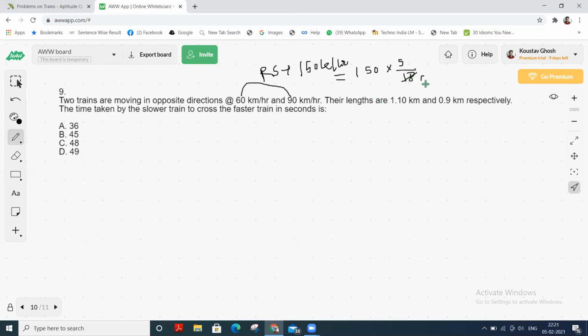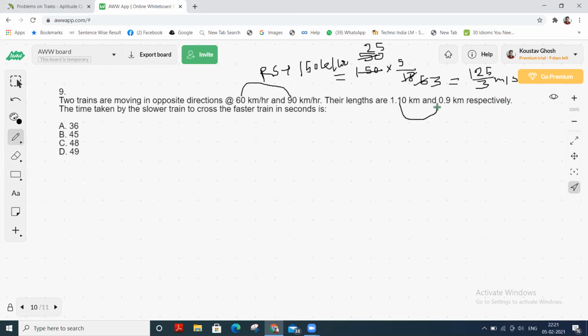Simplifying, we get 25 into 5, which equals 125 by 3 meters per second.